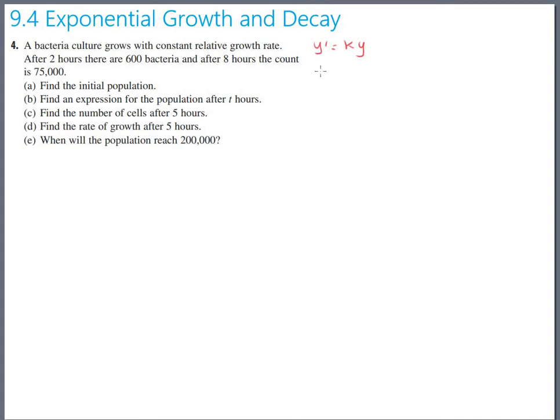We know we're looking at y equals y0 e to the growth rate times x. They said find the initial population, so that means 2 hours before this 600.